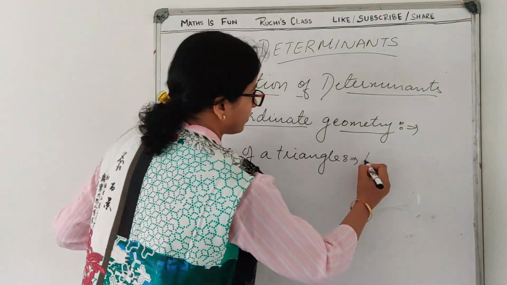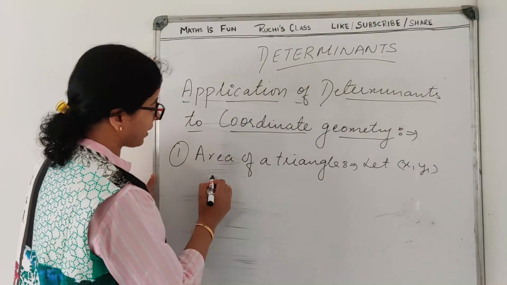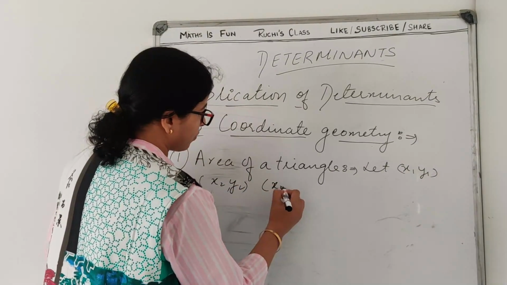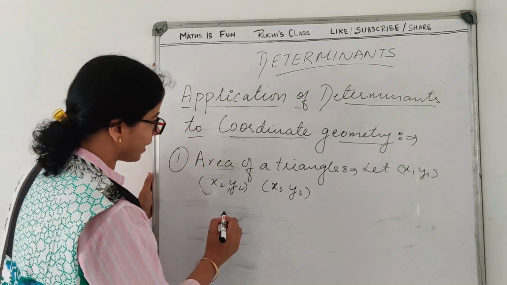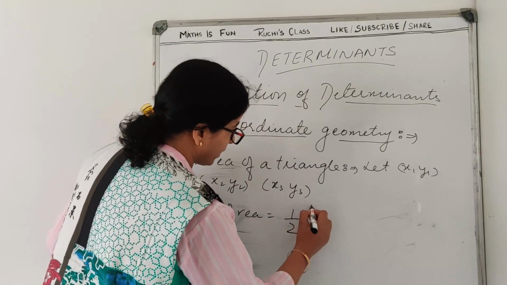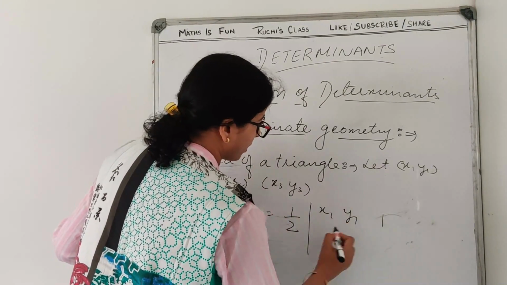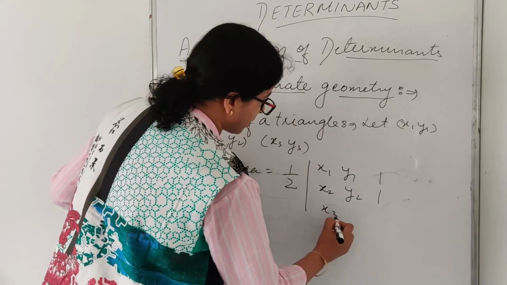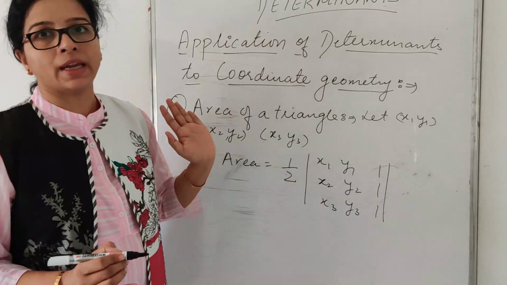So let x1, y1, x2, y2 and x3, y3 be the 3 vertices of the triangle. So how we can find area? Area is equal to half determinant. Okay. x1, y1, 1, x2, y2, 1, x3, y3, 1 will give you the value of area.